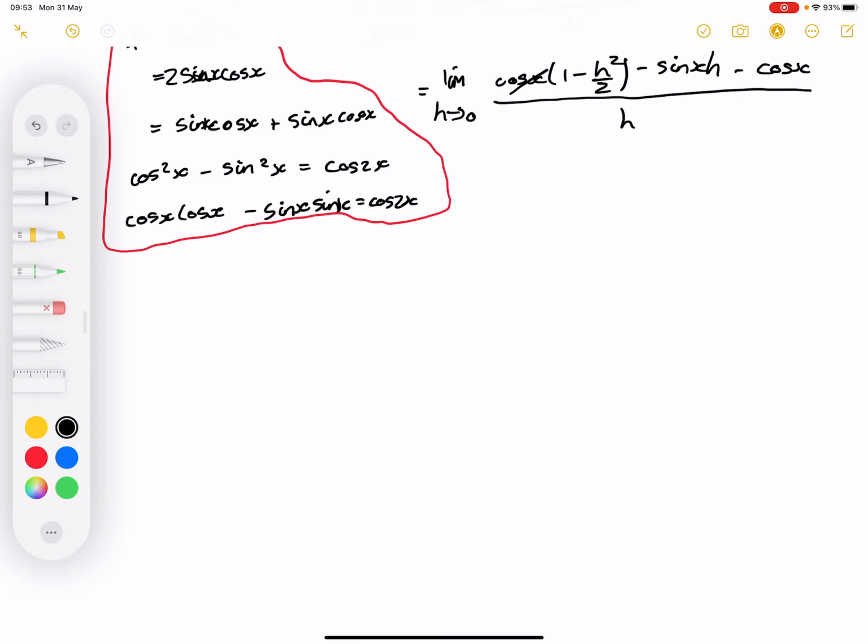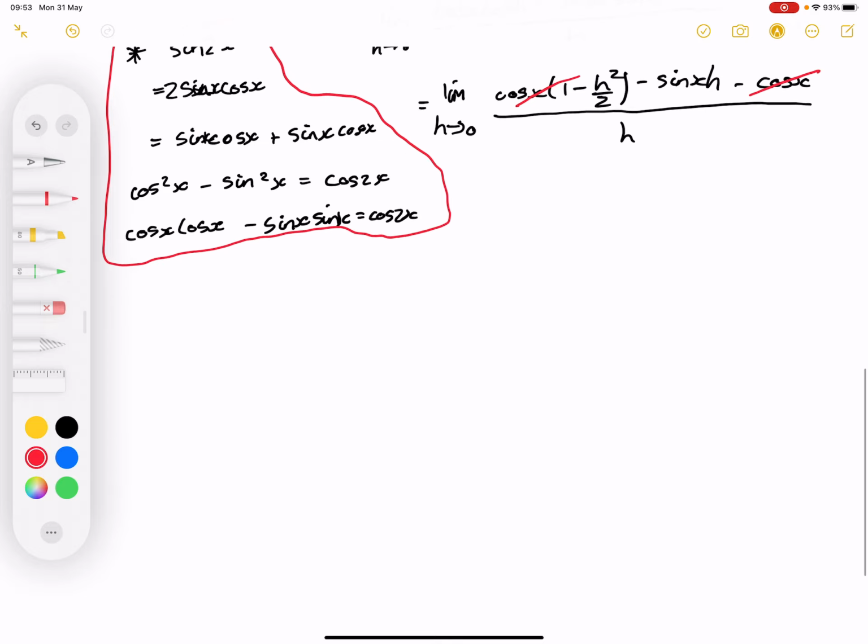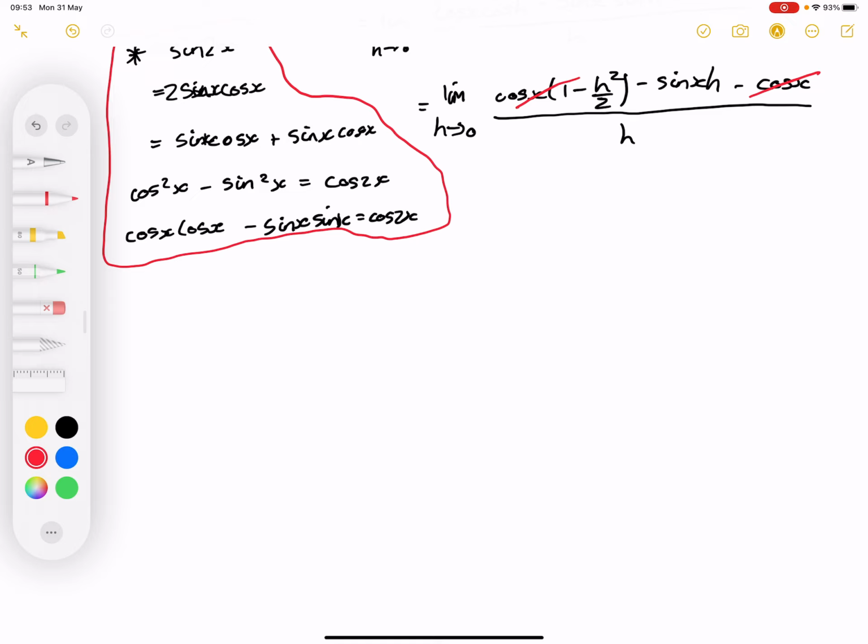Now I'm going to cancel this, I'm going to do it in red. I'm going to cancel this cos x with this cos x here, and therefore, also this h will be cancelled with this h here.